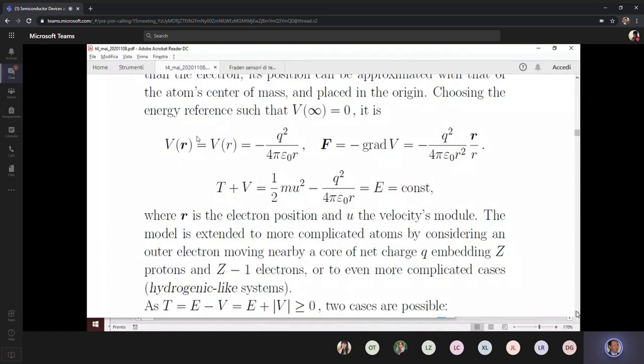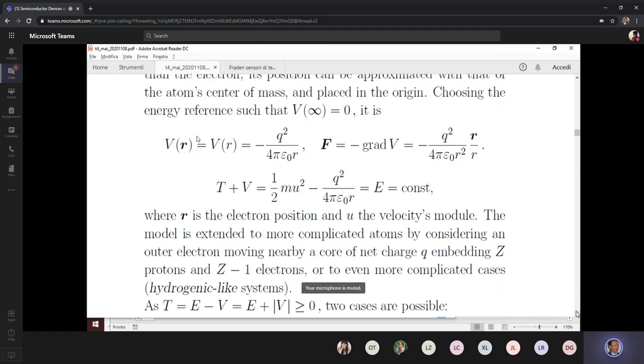So qualitatively, the most external electron will see a big charge that is globally equivalent to 1 positive charge, because it is Z protons and Z minus 1 electrons, okay?